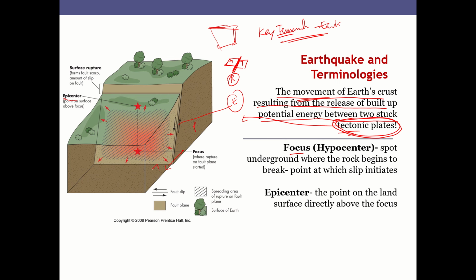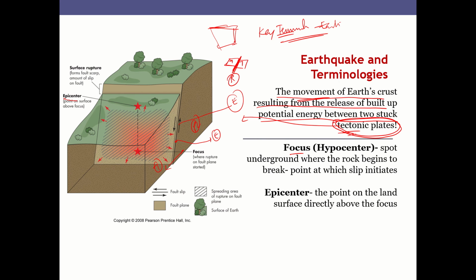Let's say this is one tectonic plate, this is the other one, and always there is a constant rift between the two plates. When there is significant or noticeable rift or movement that results in release of energy, that's called earthquake.